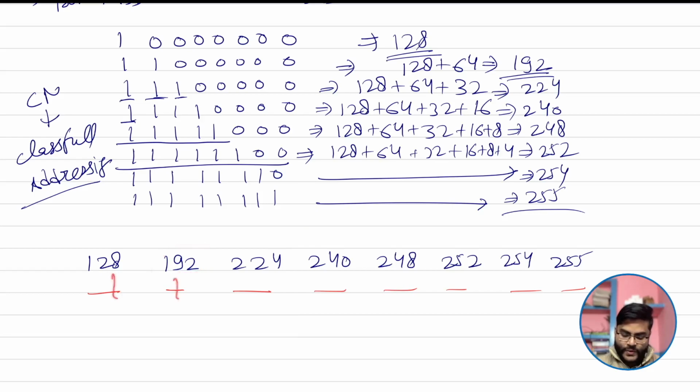If we have consecutive ones till here, its value will be 224. If we have consecutive ones till here, its value will be 240, and like this. Okay, so can you learn these 8 values? It's my request. Can you learn these 8 values? 128, 192, 224, 240, 248, 252, 254, 255.